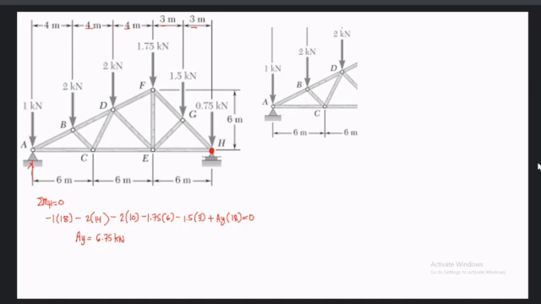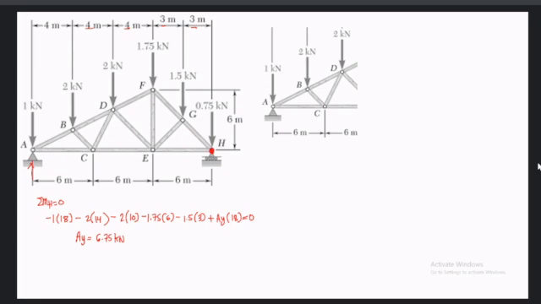So, tingnan natin kung tatama. 2 times 4 plus 2 times 8 plus 1.75 times 12 plus 1.5 times 15 plus 0.75 times 18 divided by 18. So, 4.5 plus 6.75. Tama ba? Mali.